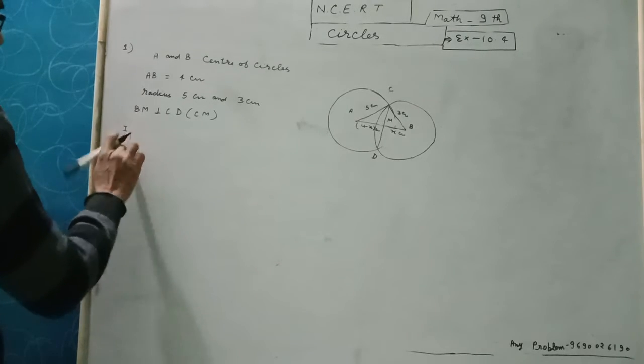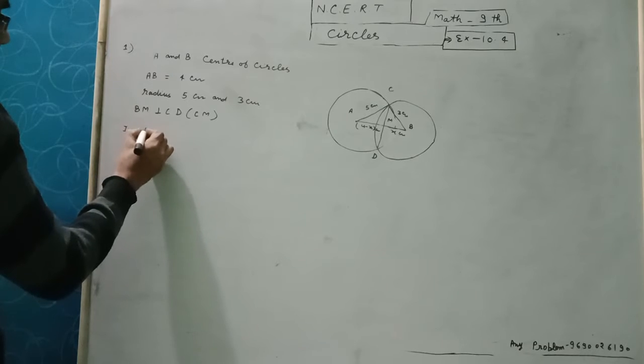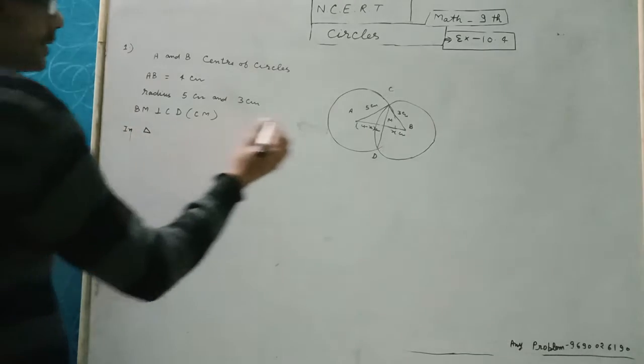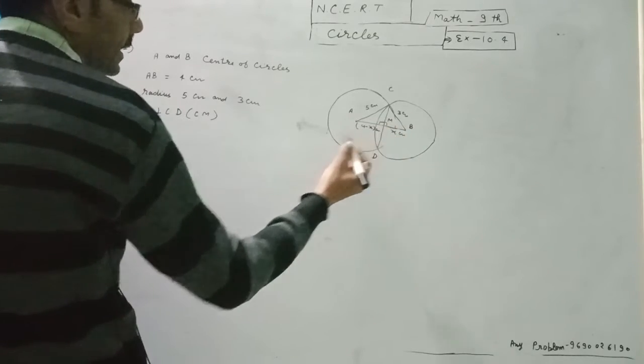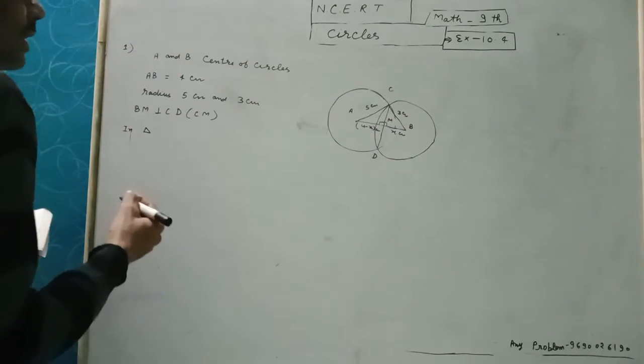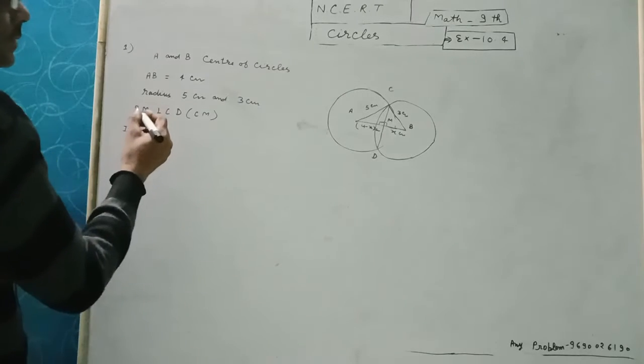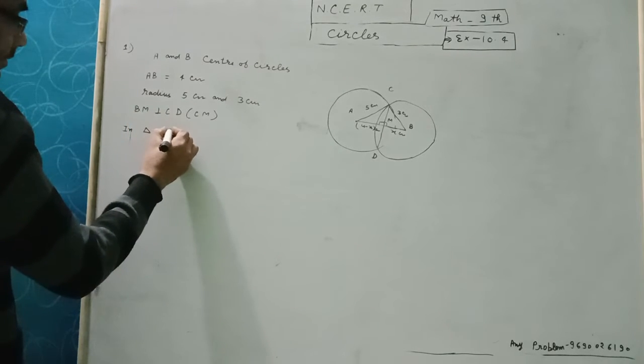In triangle CMB, both angles make a right angle, so it is a right triangle.